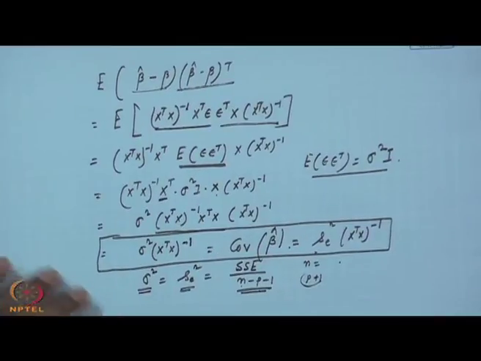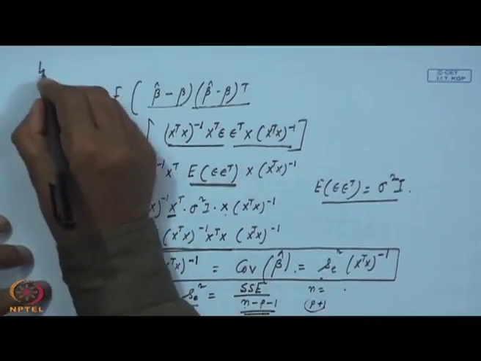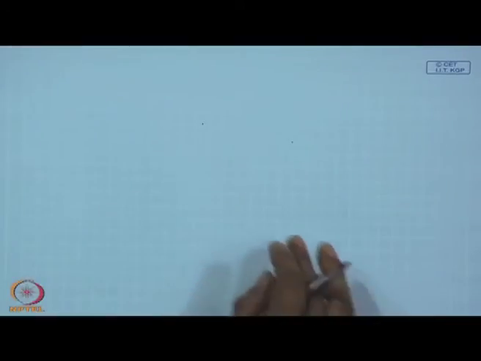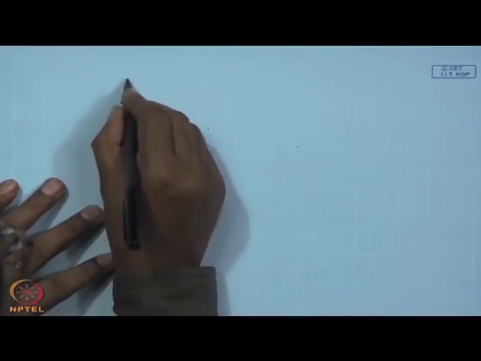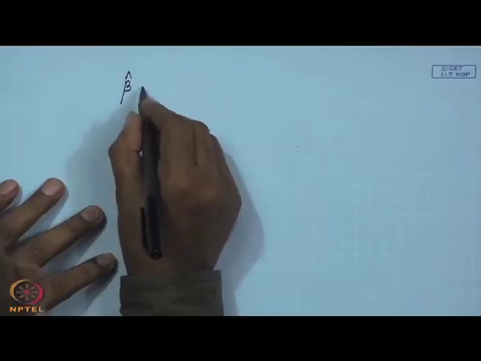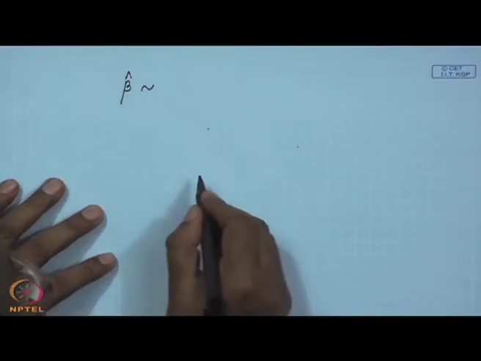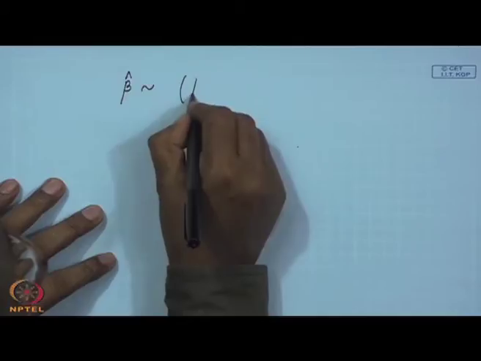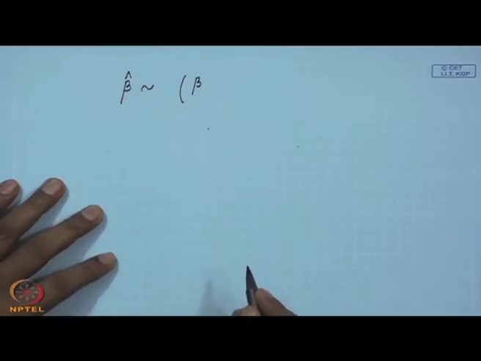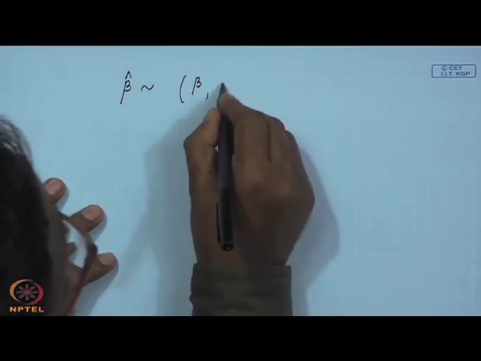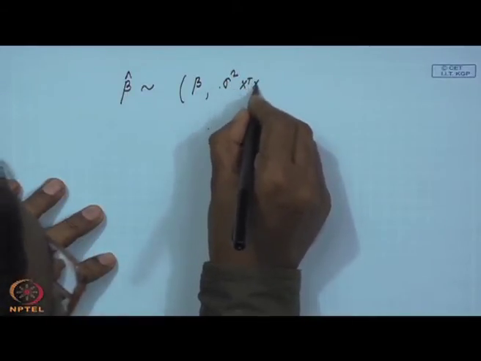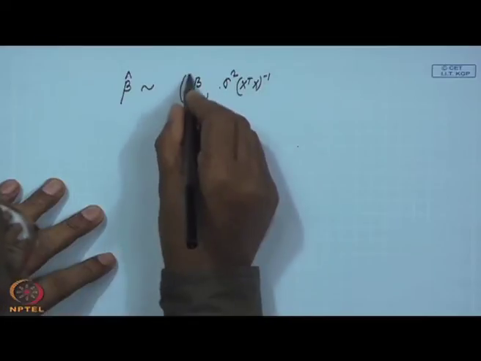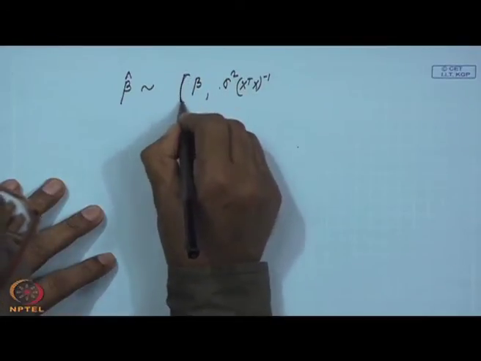Okay. Then we can say that beta cap is a random variable with mean vector beta, and the covariance matrix we can write this way, sigma square (x transpose x) inverse. This is correct.